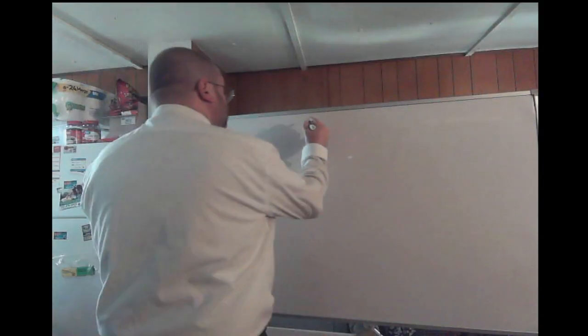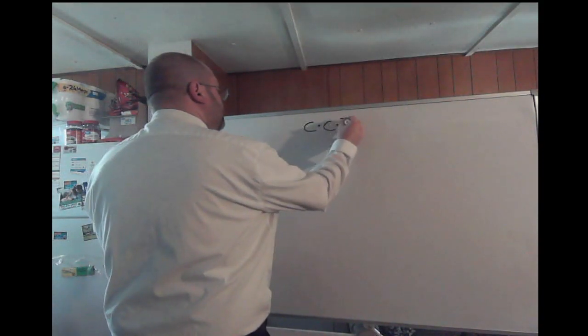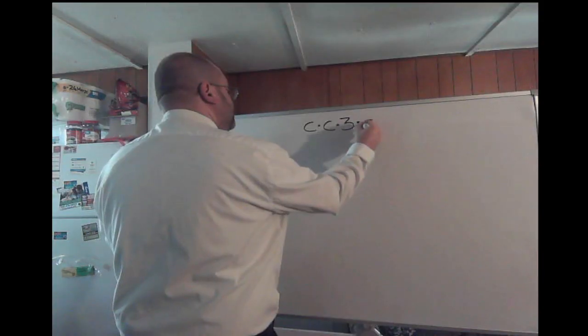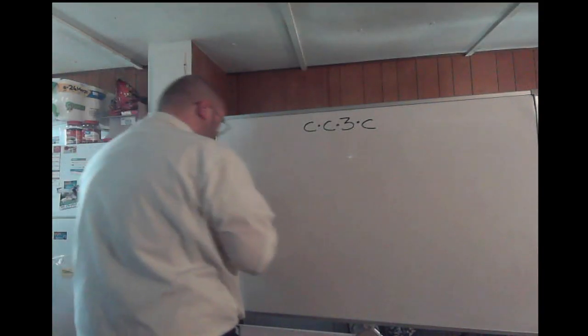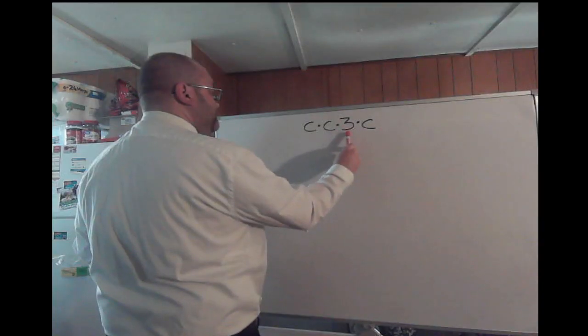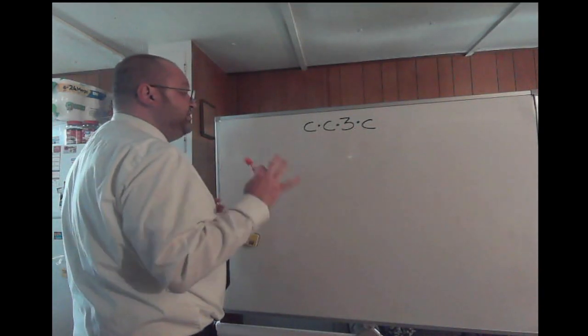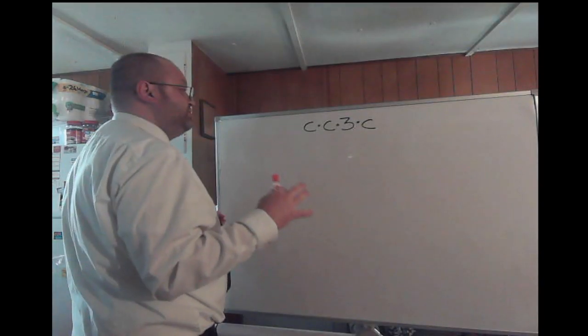What's the next one? We got c times 3 times c. Okay. So this one, we got c times 3 times c. Well, it's very clear that c is being multiplied repeatedly.